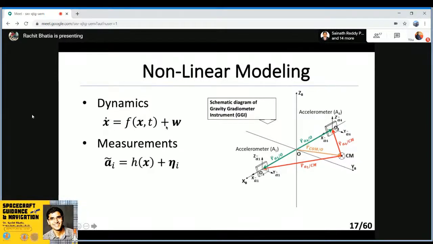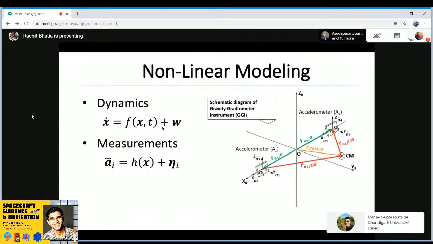When we do that, there's always some force that we cannot model, or some anomalies, and for that we use process noise. We add this to the state dynamics so that our system remains reliable and easier to work with.